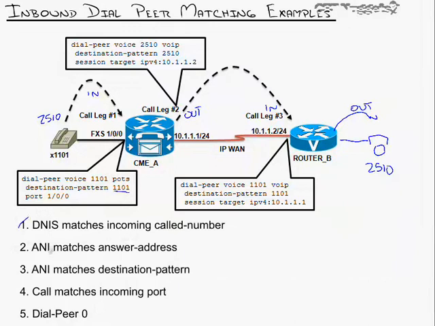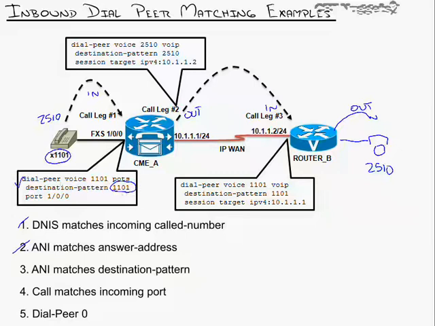It says, does the ANI or caller ID information, remember this is dialed number, this is caller ID, so we're saying, does the caller ID match the answer address command? Looks under here and says, I don't even see an answer address command. You're done. So it says, does the caller ID match destination pattern? Well, it looks and says, okay, the caller ID 1101 comes in and matches, oh, look at this, matches the destination pattern.